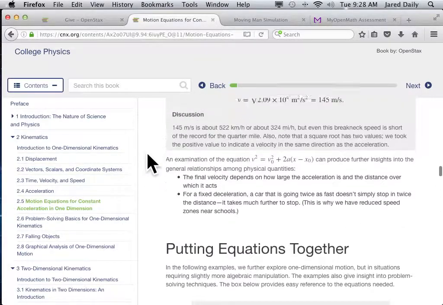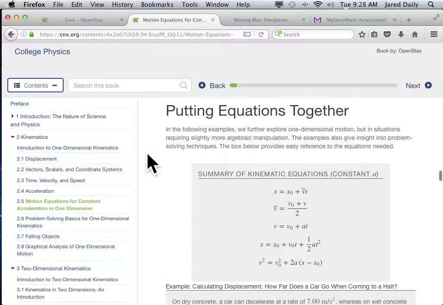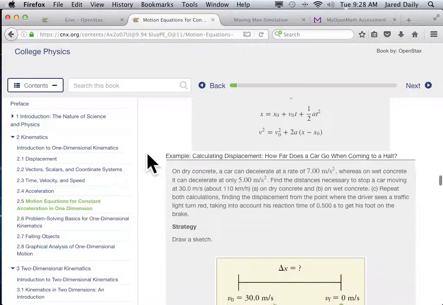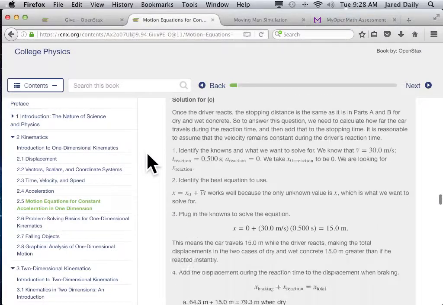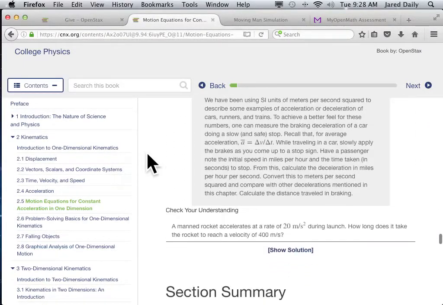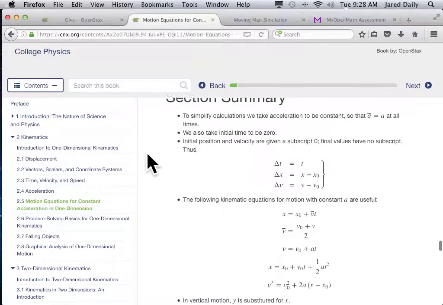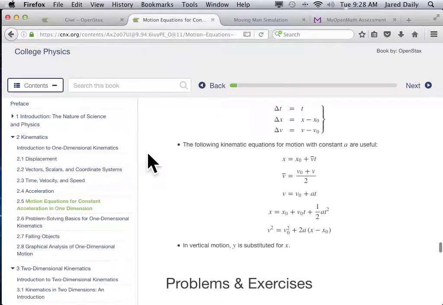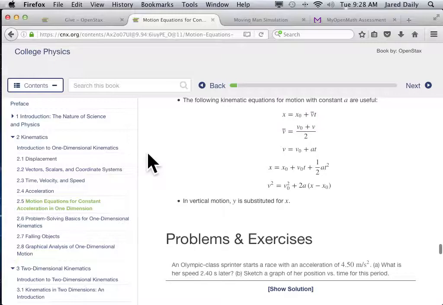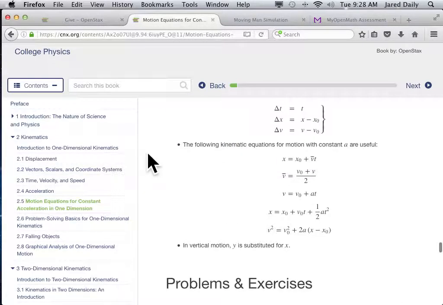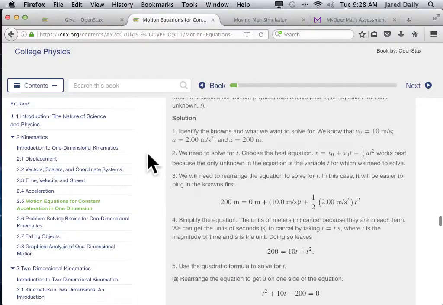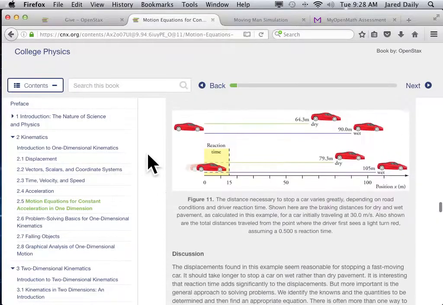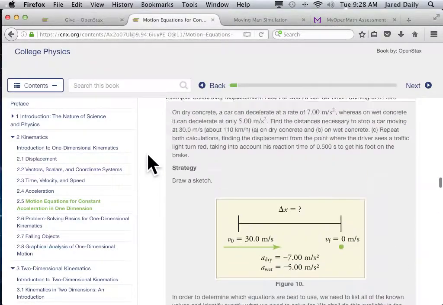Let's see here. So here are the x equations. Oh, that's all right. I'm trying to find the one that they make from the other ones that they show us once.